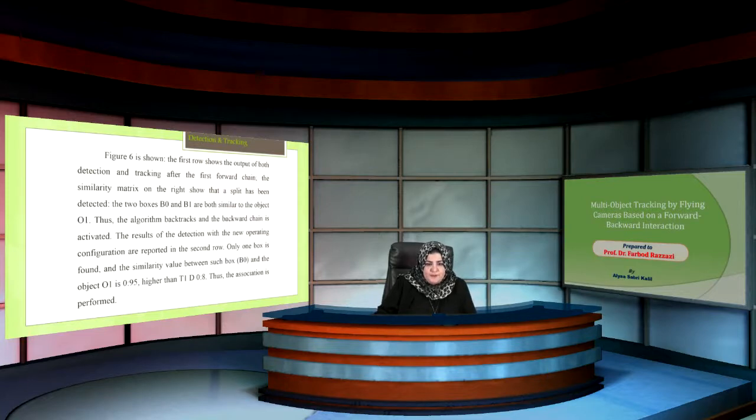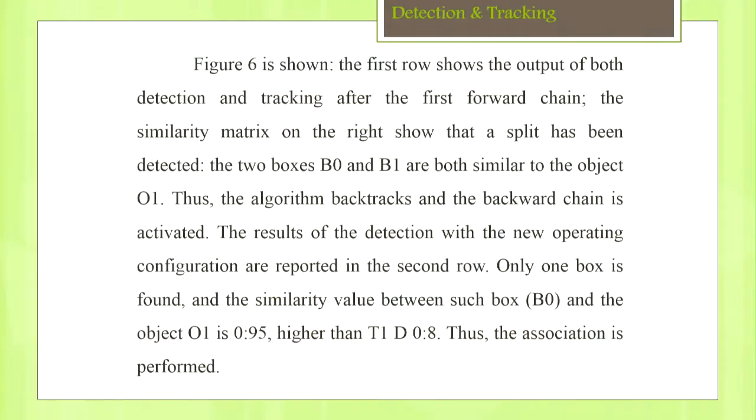In Figure 6, the first row shows the output of both detection and tracking after the first forward chain. The similarity matrix on the right shows that a split has been detected. The boxes B0 and B1 are both similar to the object O1, thus the algorithm backtracks and the backward chain is activated.